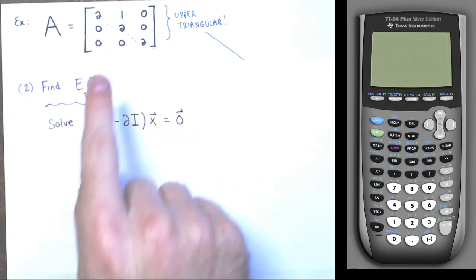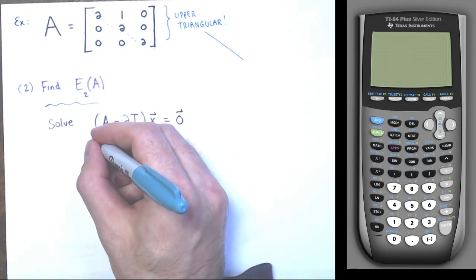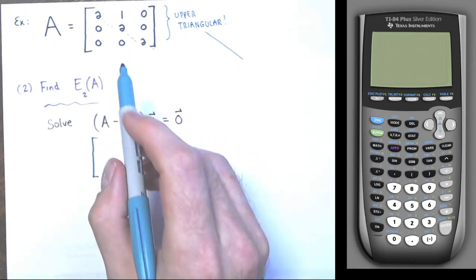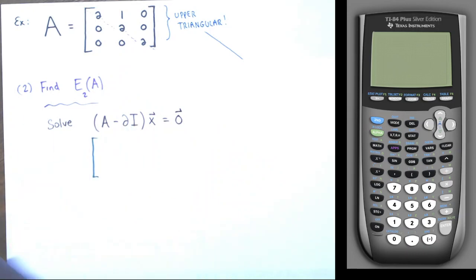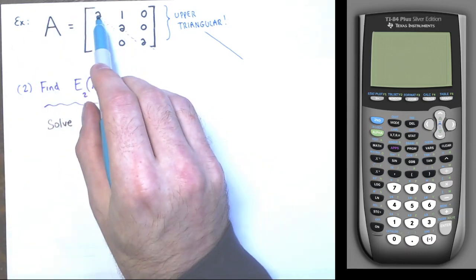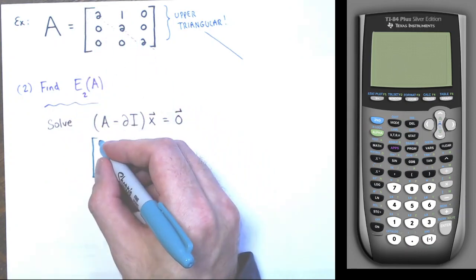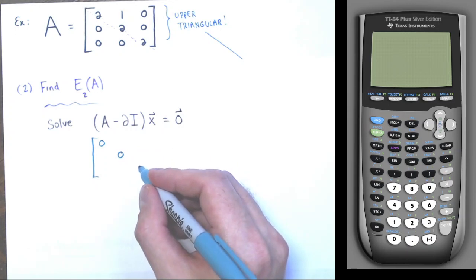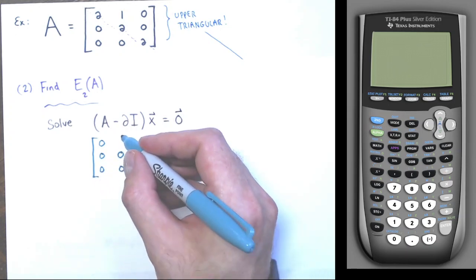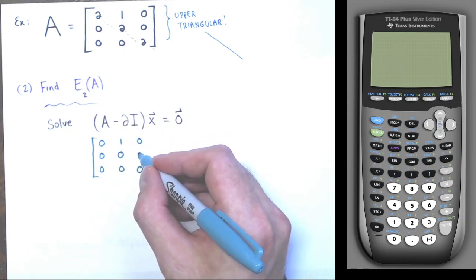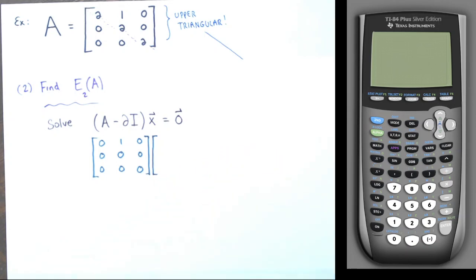And I have A up there. What does A minus 2I look like? Well, A minus 2I is just subtract 2 from the main diagonal entries of A. 2 minus 2, 2 minus 2, 2 minus 2, so all those become 0. And then every other entry remains the same. 0, 0, 0 there, 1, 0, and 0 there. And then the vector x would have to have 3 components.